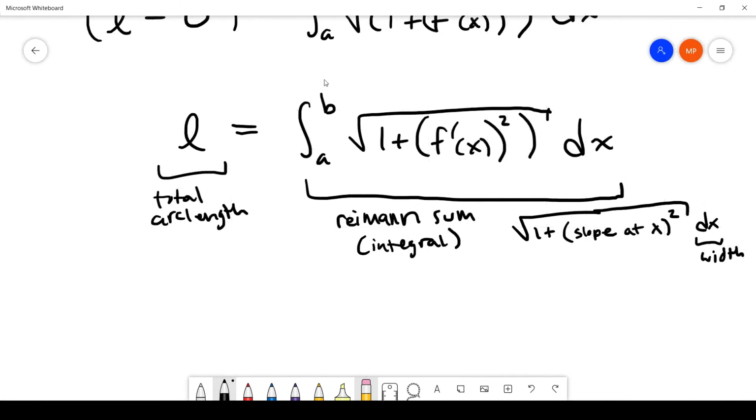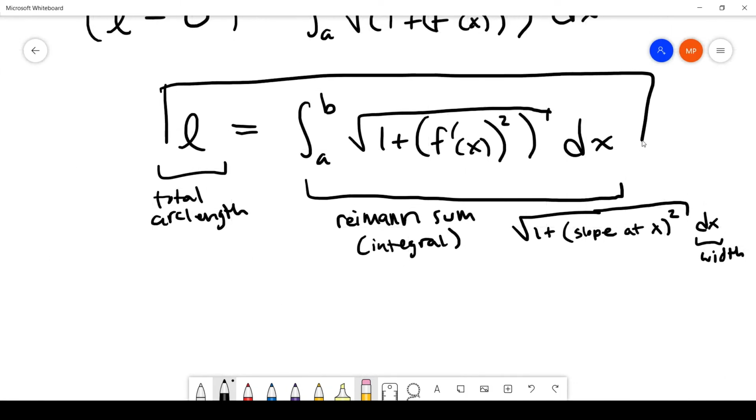And so that's about it. That's proving that the arc length from a to b of any function is equal to the integral from a to b of the square root of 1 plus f prime of x squared dx.